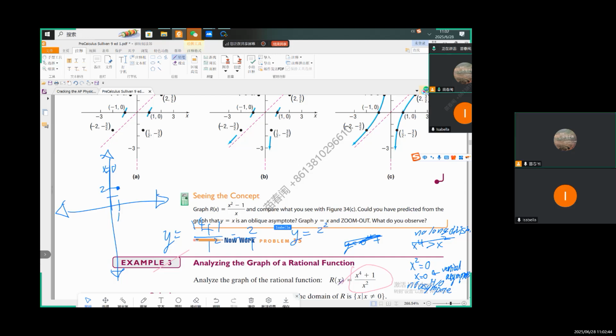Although you can do long division, it can help you with the shape, because the cosine shape would be just like the new graph shape.